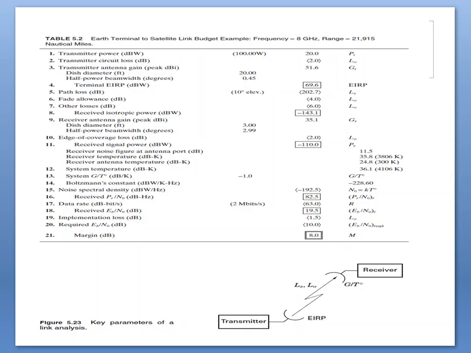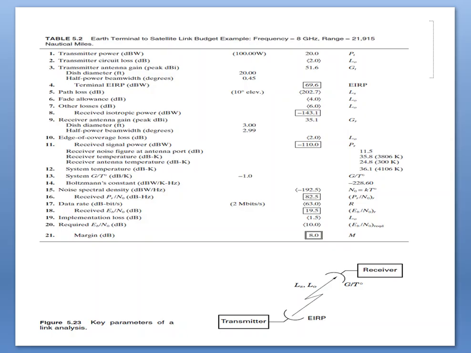Starting from the top of the middle column, we algebraically sum all the gains and losses. The final link margin result is shown in a double box. The computations are performed with the equations, which are repeated here, with the exception that the terms G and temperature T are shown together as G/T instead of being listed separately.